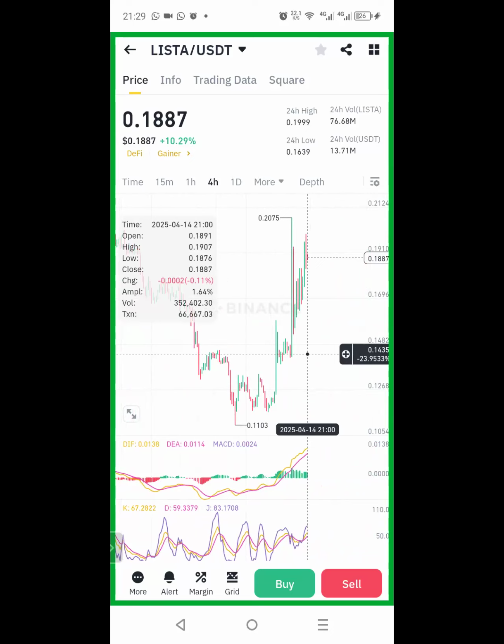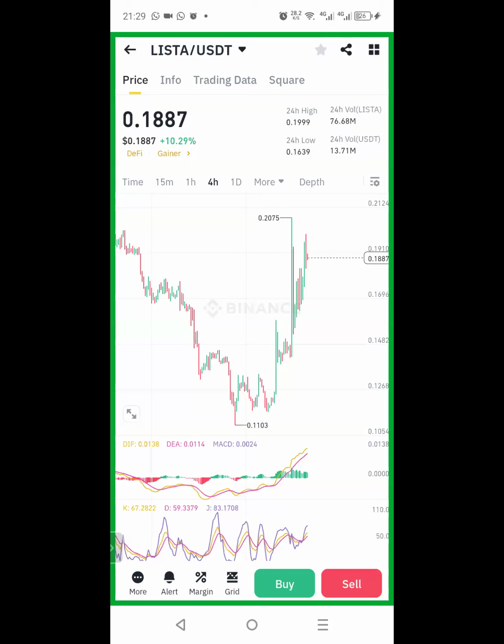Now, scalpers. There is a set of traders we call scalpers. They make use of 15 minutes and 5 minutes. Their profit taking is within 15 minutes to 1 hour maximum. If they enter a trade, within 15 minutes to 1 hour maximum they go and take profits.